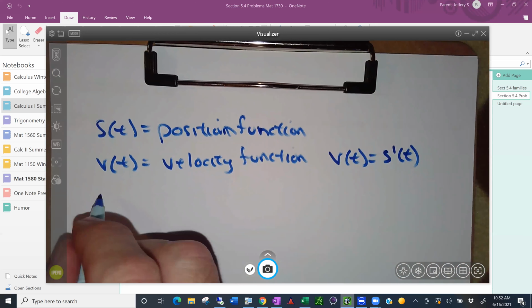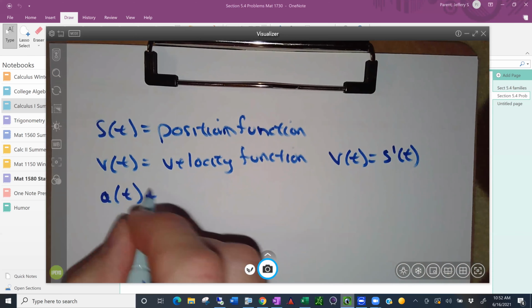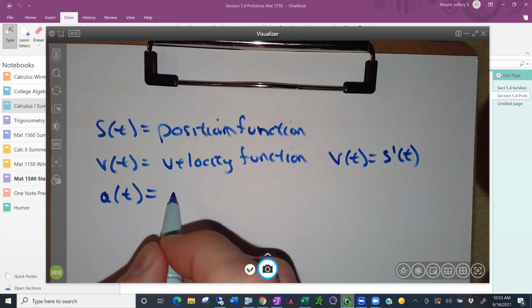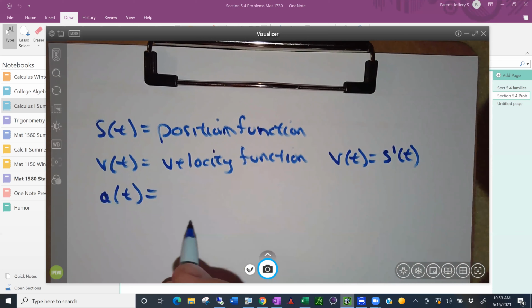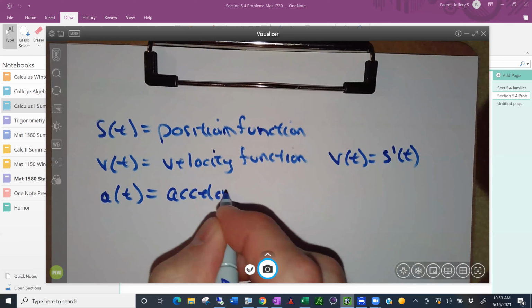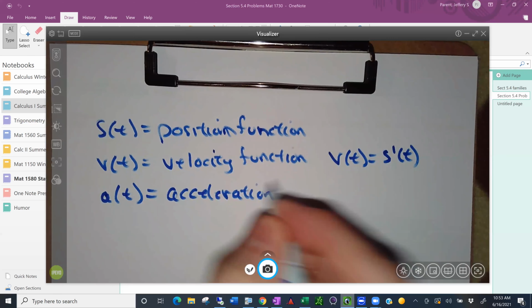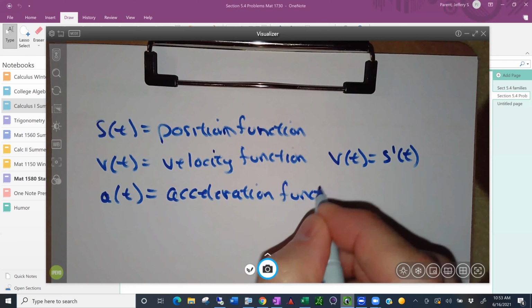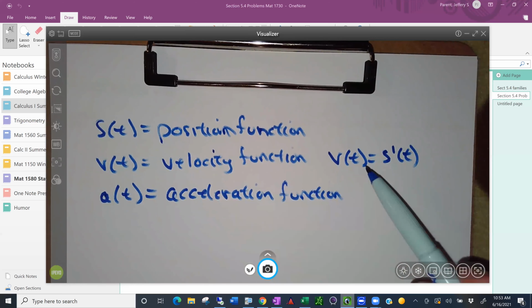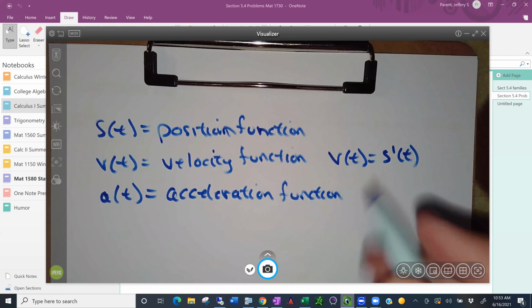And the last one that we're going to deal with is A of t. You remember what A of t is? It's your acceleration function. Excellent. Now, if I know what V of t is, how would I calculate A of t? Take the derivative of V of t.